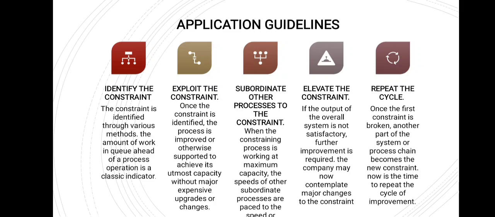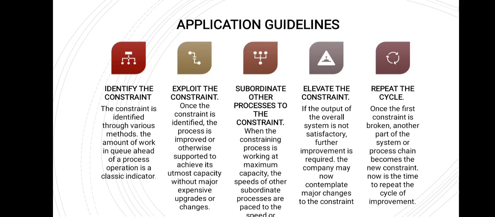Subordinate other processes to the constraint. When the constraining process is working at maximum capacity, the speeds of the other subordinate processes are adjusted to match the speed or capacity of the constraint. Elevate the constraint. If the output of the overall system is not satisfactory, further improvement is required.